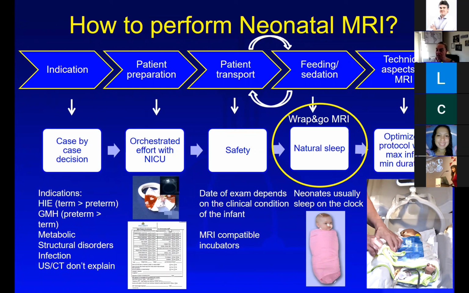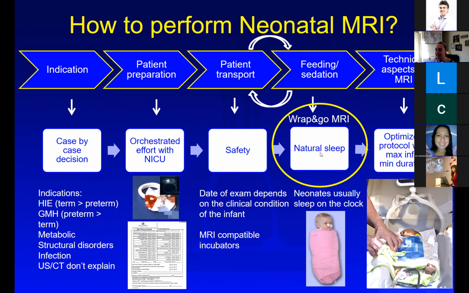The MRI safety check should be performed in the NICU, and the baby should arrive to the MRI suite swaddled very nicely. That's how babies feel comfortable. They like warmth and they like being tightly swaddled, so we do that. The patient is transported, and once the baby comes to our MRI suite, they're already asleep.